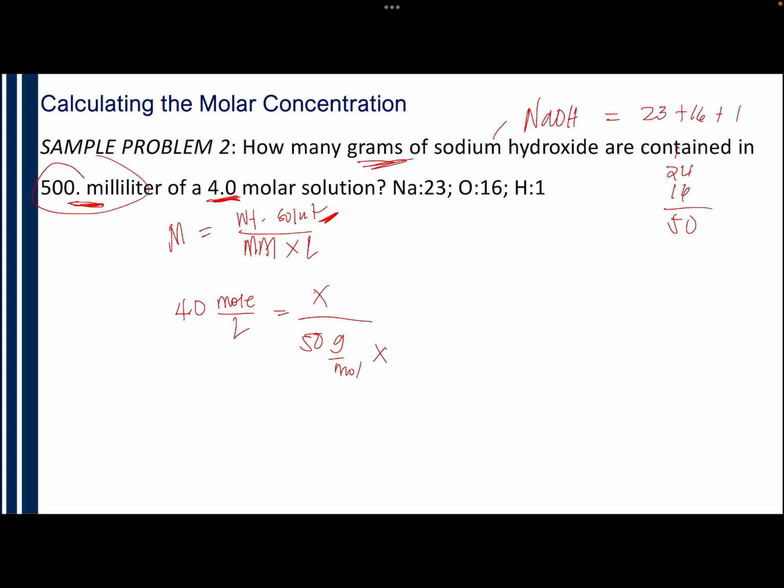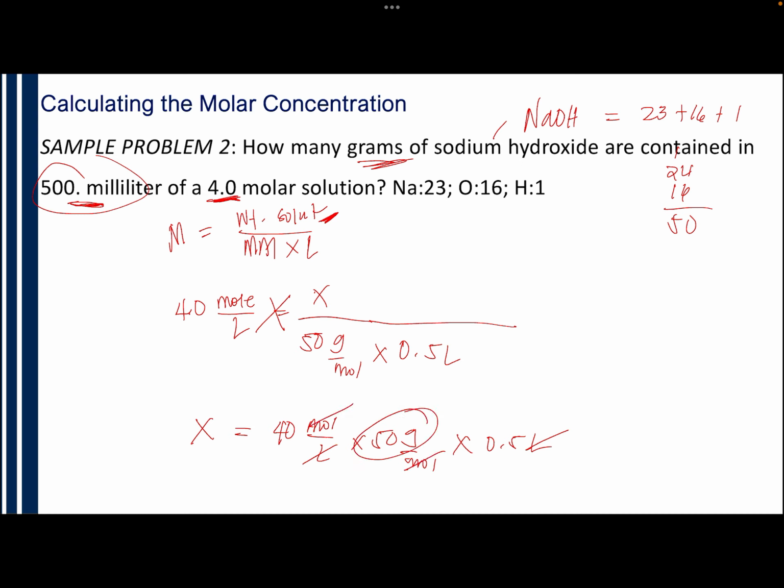So kani, we have 50 ml, equivalent niya is 0.05 liters. And then cross multiply. So x is equals 4.0 mole per liter times 40 gram per mole times 0.05 liters. Cancel out the liters, mole cancel out, ang mabilin is gram.